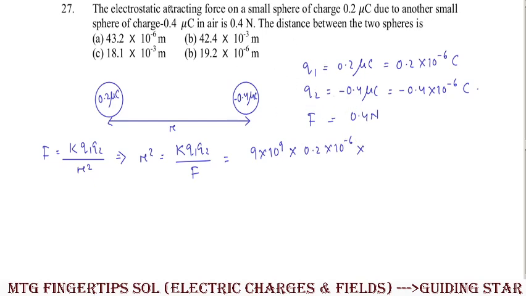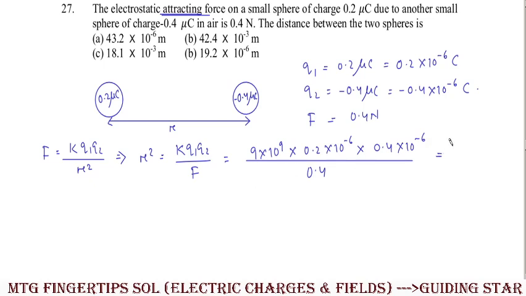Clear? So attractive force means we don't have to put the negative sign over there because we will take magnitude wise. So it will be 0.4 into 10 to the power minus 6 divided by F, which is 0.4.